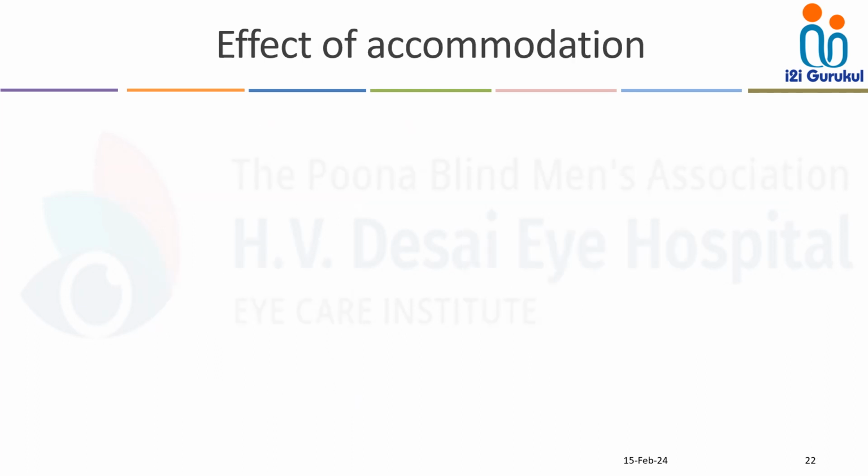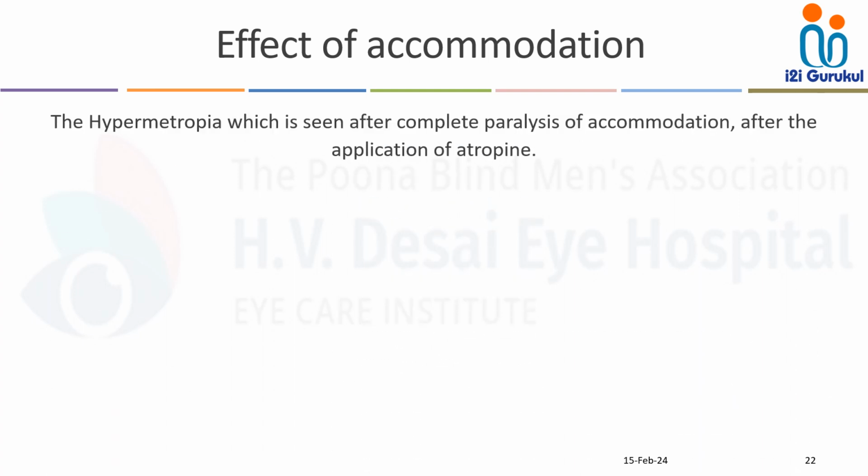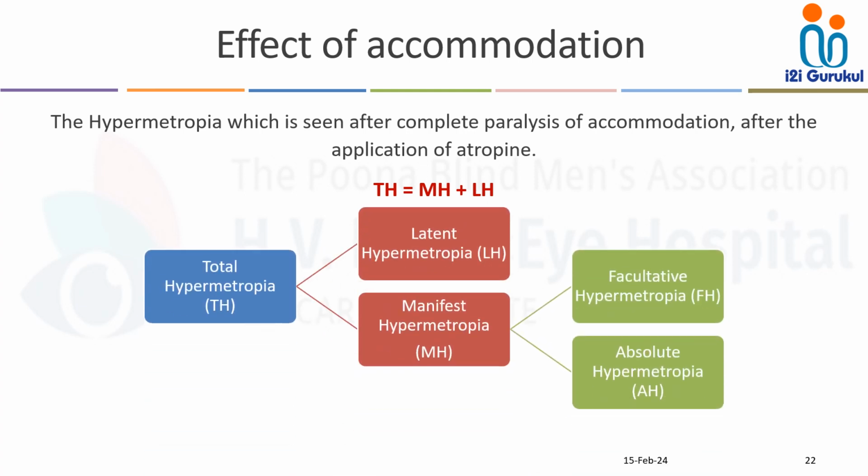Now moving towards the effects of accommodation. The hypermetropia which is seen after complete paralysis of accommodation after the application of atropine is total. The facultative hypermetropia can be corrected by the efforts of accommodation or excessive strain on the ciliary muscles. The second one is absolute hypermetropia, which cannot be overcome by the active efforts of accommodation.